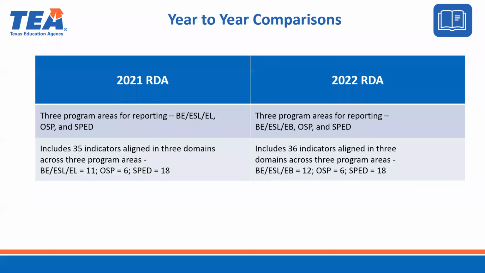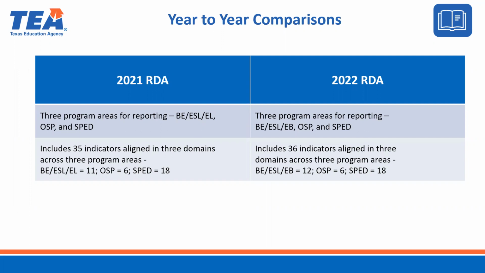Also included in the RDA rule overview are the year-to-year changes seen here. Of note, 2022 program area had a change from EL for English learners to EB for emergent bilingual students, and the number of indicators in the BE, ESL, EB program area increased from 11 to 12 for a total of 36 indicators in 2022.